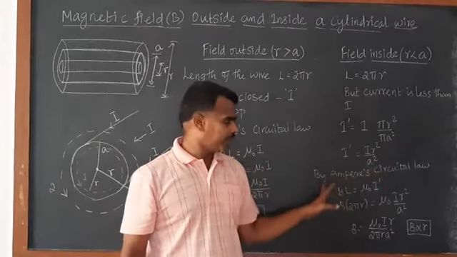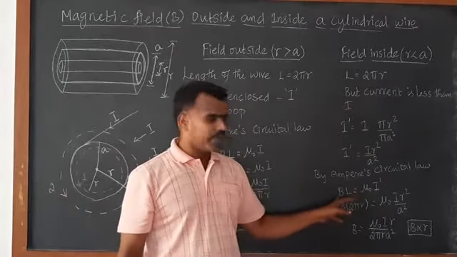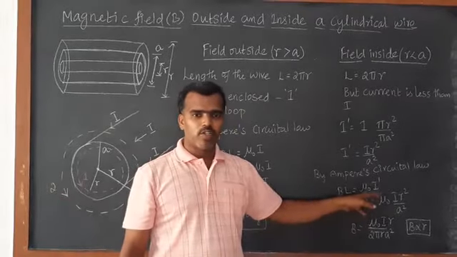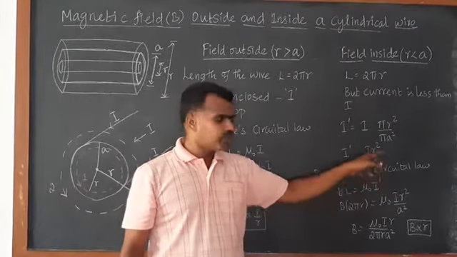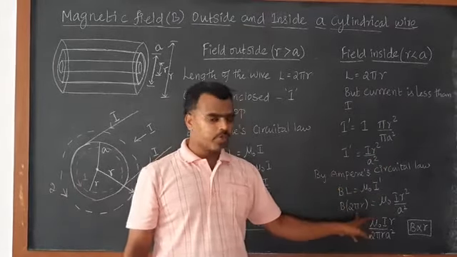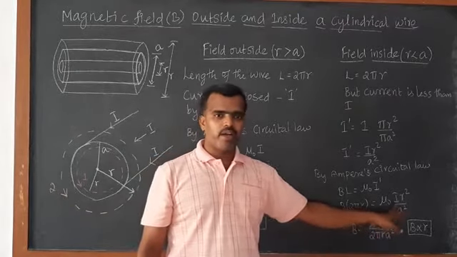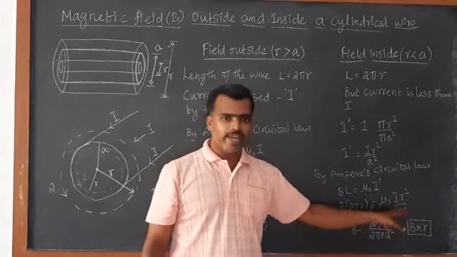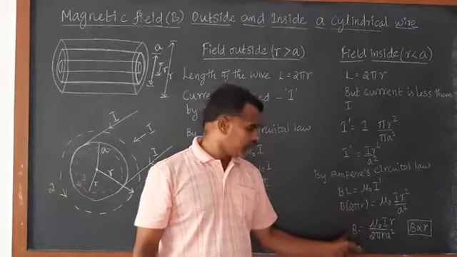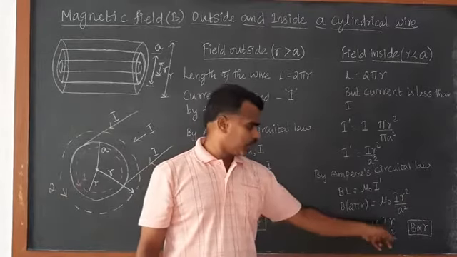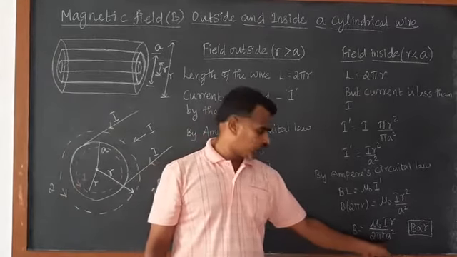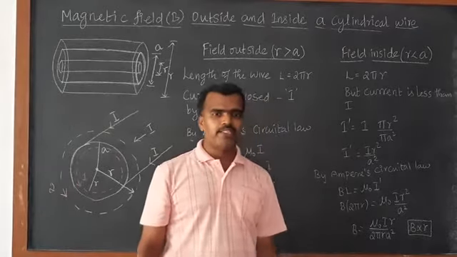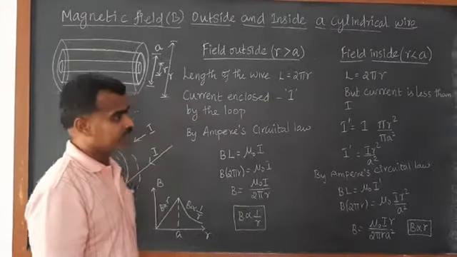By Ampere's circuital law, we can write B L is equal to mu naught I dash. So B into 2 pi r is equal to mu naught into I r square divided by a square. Simplified, B is equal to mu naught I r divided by 2 pi a square. Therefore B is directly proportional to r when it is inside.